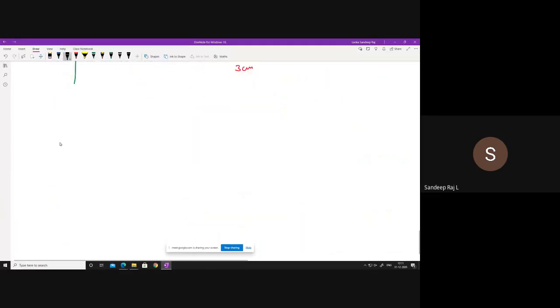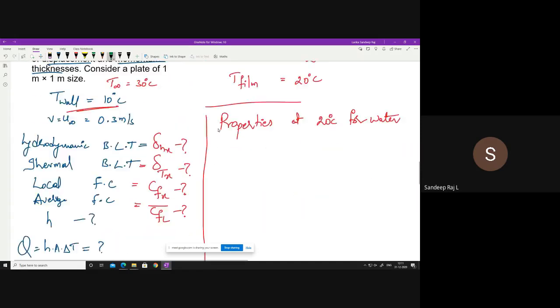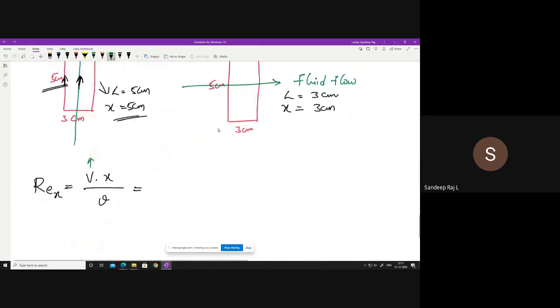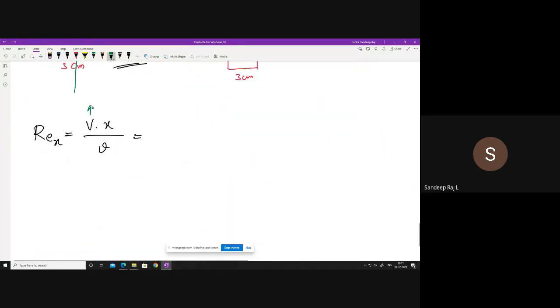Anyway, let's come to our problem to calculate Re_x now. It is VL or Vx by nu. V is given in the question to us. What is the value given to us in the question? Somebody tell me. 0.3 meters per second is given in the question.